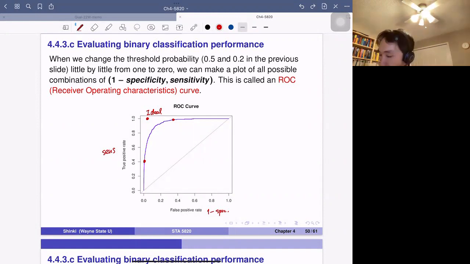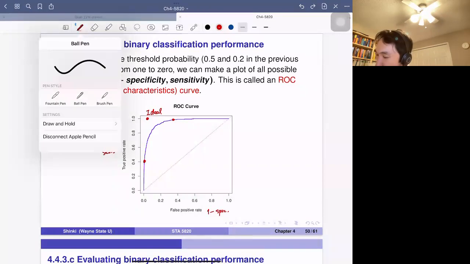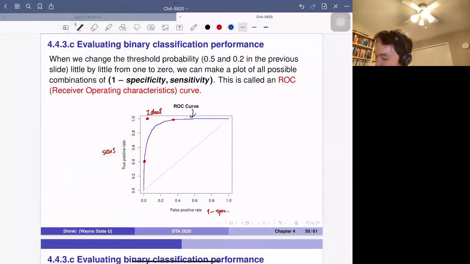So we have this curve. This curve is called the ROC curve, receiver operating characteristics curve. So maybe I should say ROC curve.